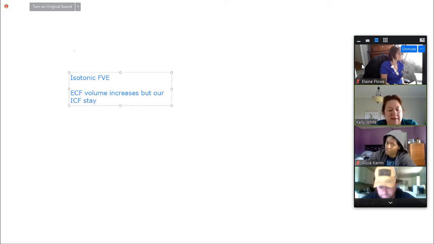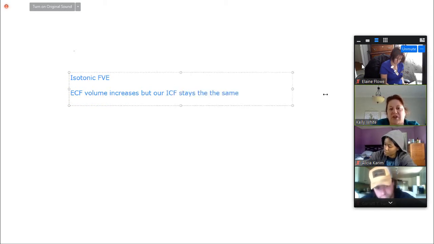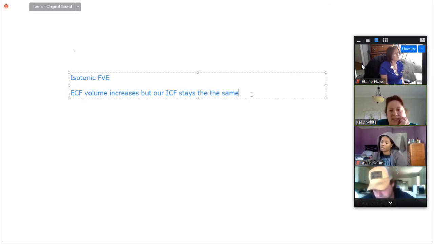It stays the same. So our cells are completely normal shaped, just exactly like they should be. But for whatever reason, the fluid outside of those cells, there's way too much of it.